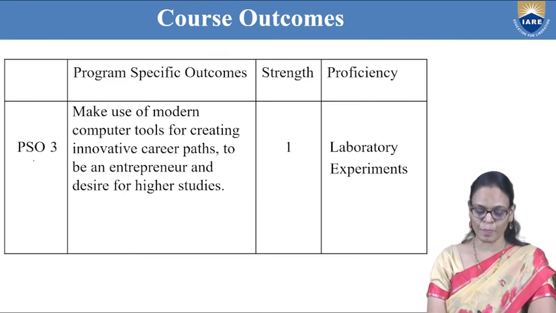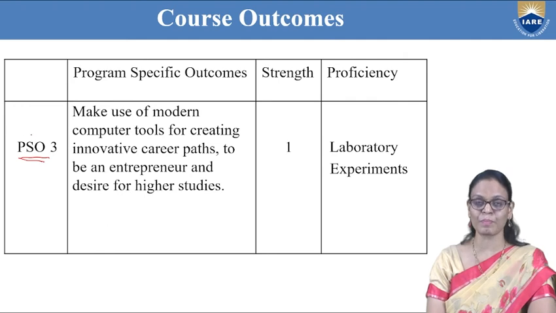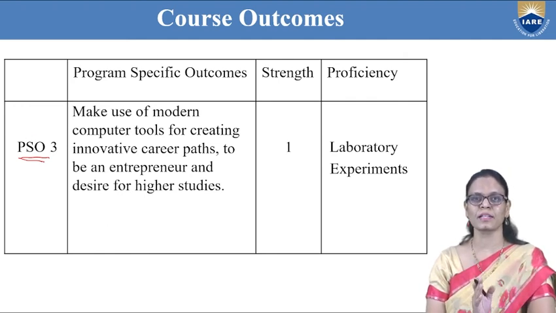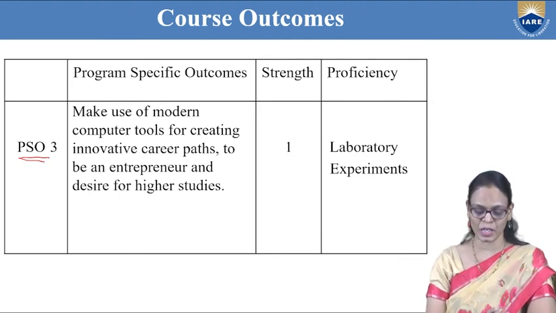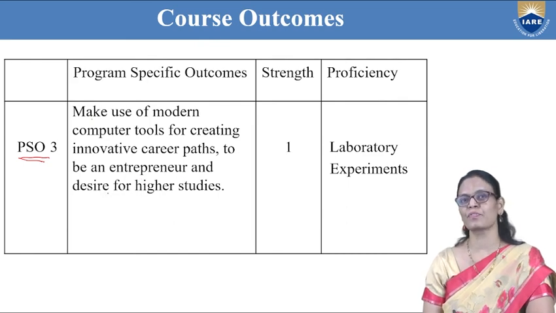Now, when it comes to program specific outcome, I told you, program specific means with that particular program. I'm talking about computer science engineering and its allied branches. So what is their third program specific outcome? It is to make use of modern computer tools for creating innovative career paths, to be an entrepreneur and desire for higher studies.